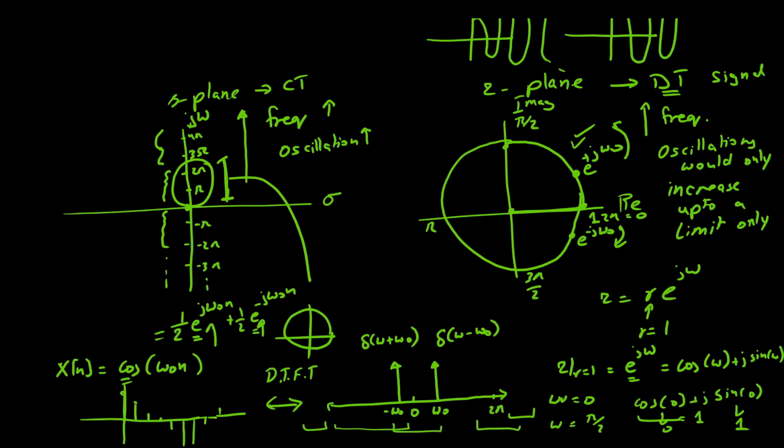Similarly over here we would have another impulse towards left of it and towards right of it. So this would simply be delta of omega minus 2 pi plus omega naught, and this would be delta of omega minus 2 pi minus omega naught, and similarly it would be appearing over here.